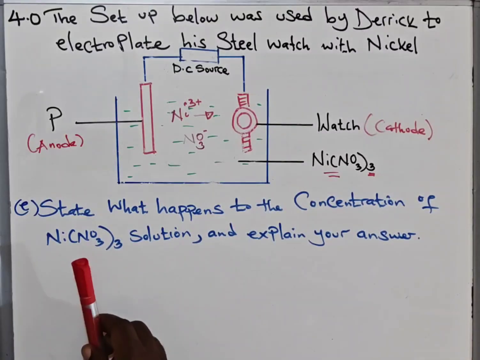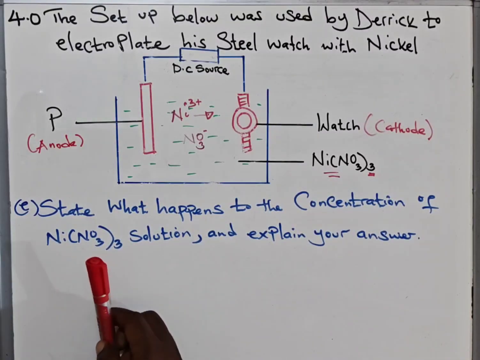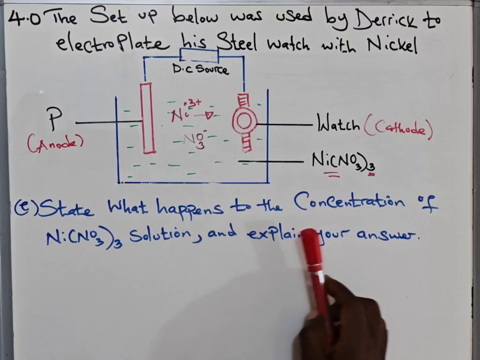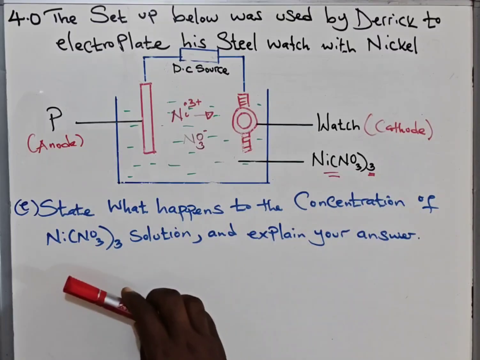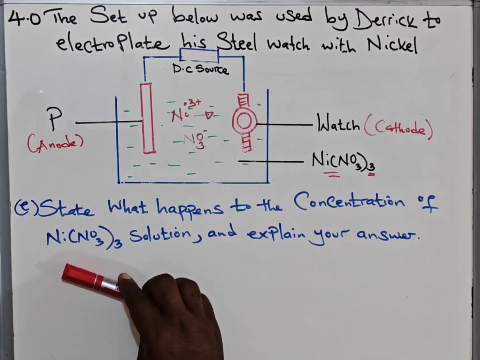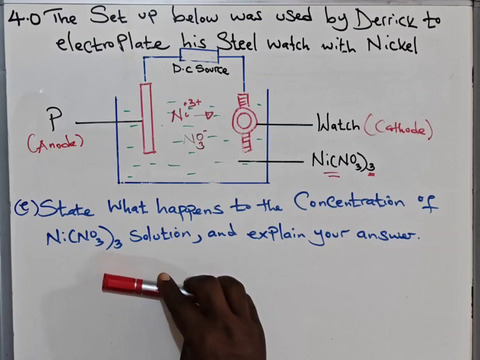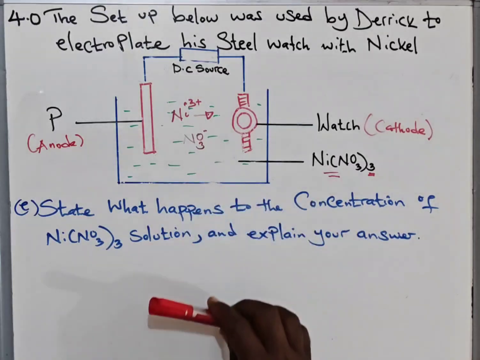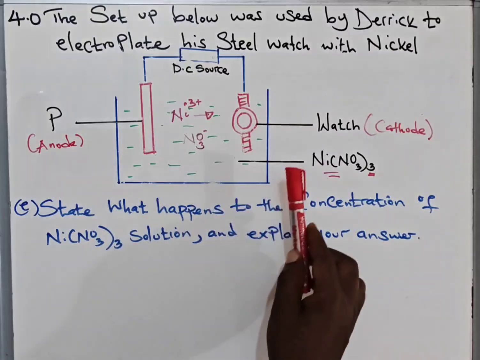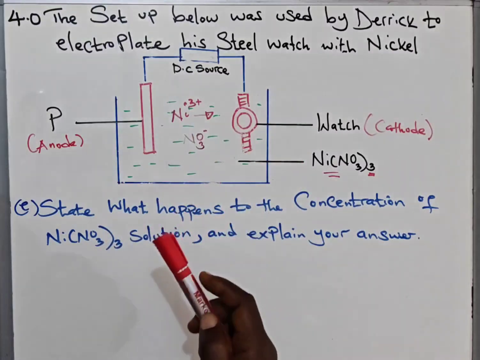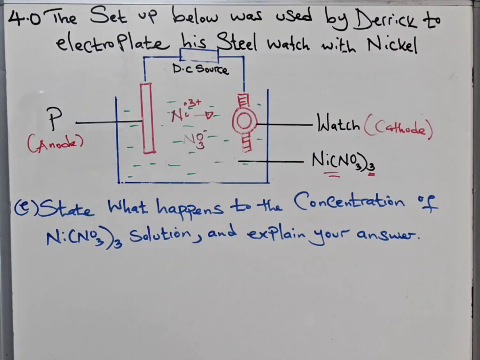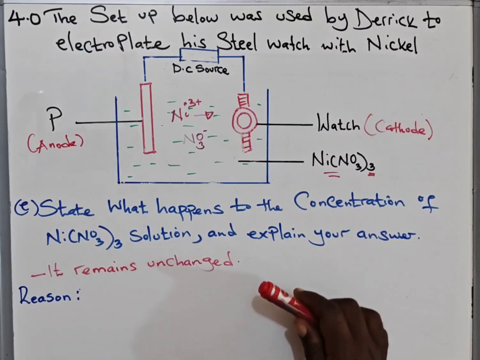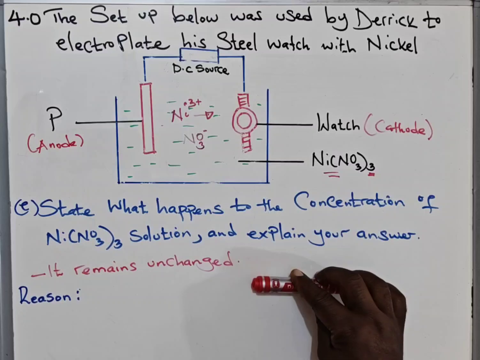Then we come to this question. It says that state what happens to the concentration of nickel nitrate solution and explain your answer. What happens here to the concentration of our electrolyte? The answer is it remains unchanged. And what is the reason for that?